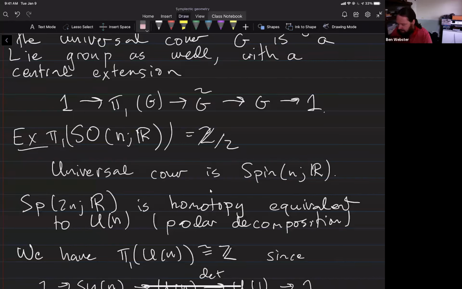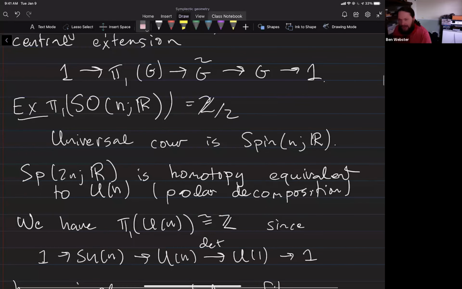All right, well, pi_1 of U(n) is Z, and you can see this because there's a map taking the determinant to U(1), and the fiber of that is SU(n). SU(n) is simply connected. And so whenever you have a fibration like this, where one of the terms is simply connected, the other two terms have isomorphic pi_1s.